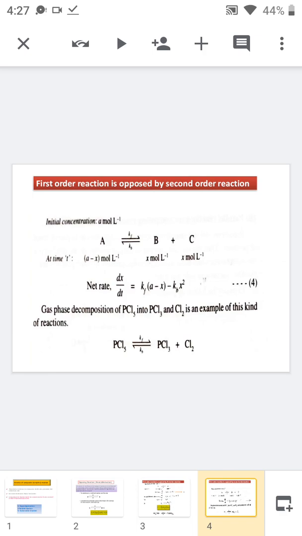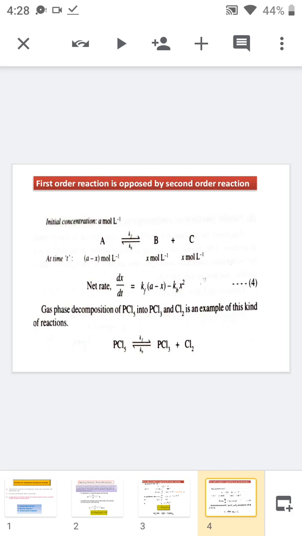After a particular time interval, the concentration reduces to A minus X, and similarly the concentration of B is X and the concentration of C is also X, because after time t, B and C are formed in the reaction medium. So our net rate expression is dx by dt equals Kf into concentration of (A minus X) minus Kb into the concentration of X whole square.